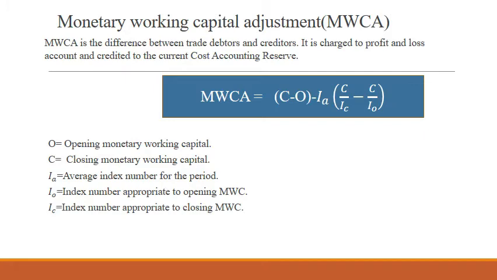It has the same formula as COSA, where O is the opening monetary working capital, C is the closing monetary working capital, I is the average index number for the period, IO is the index number appropriate to opening MWC, and IC is the index number appropriate to closing MWC. So this is similar to the cost of sales adjustment.